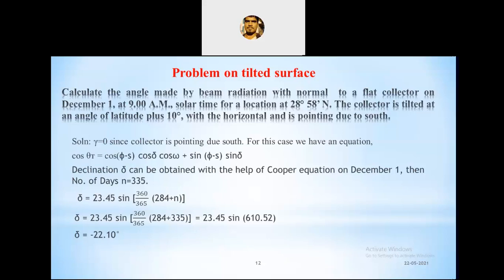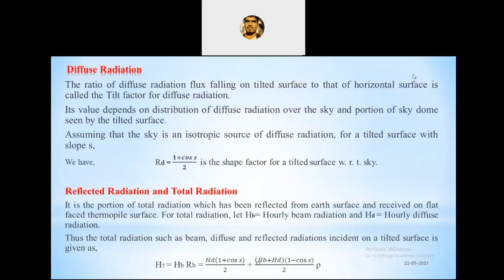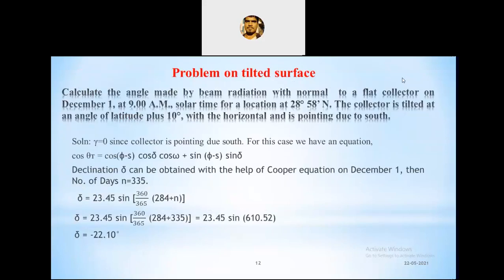Take a problem on this tilted surface. Calculate the angle made by a beam radiation with the normal to a flat plate collector on a particular day, that is December 1, at a particular time, 9 a.m. in the morning, solar time, for a location at 28 degree 51 minute north.